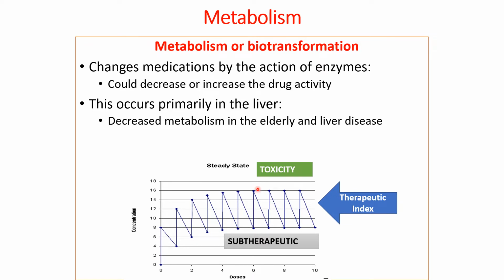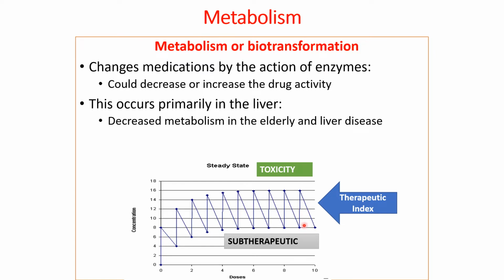The limits, the upper and lower limits, the limit that prevents you going to toxicity and the lower limit that prevents you going to a subtherapeutic range is what is called therapeutic index, this range.